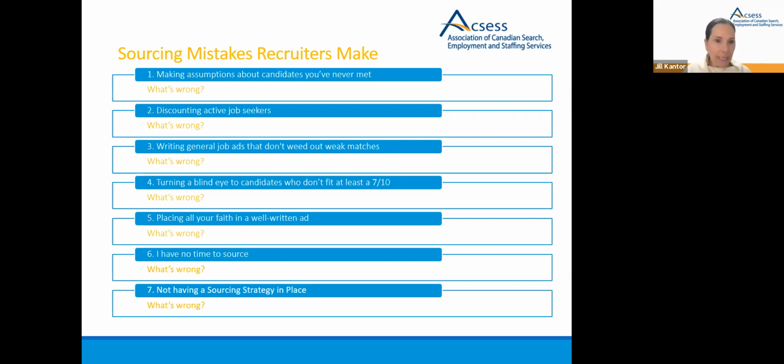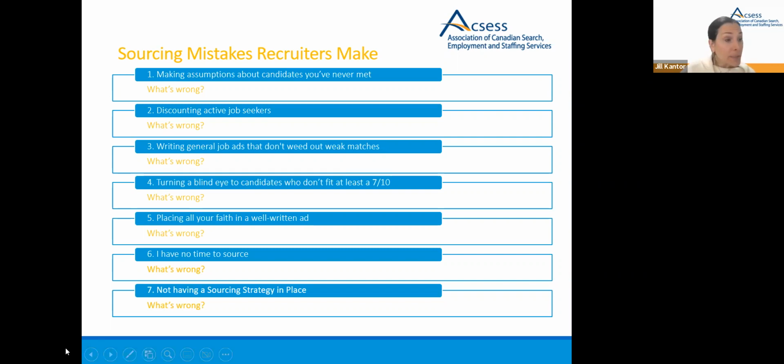I'm getting that job and I'm running with it, and I'm looking on LinkedIn, I'm doing some Boolean searches, I'm looking at our CRM system, I'm making some phone calls, but not really having a strategy in place, not really creating that rhyme or reason, and being systematic and methodical, doing the same thing and making it scalable and measurable and repeatable so that you're doing the same thing every time, so that you're not doing it in a rushed, chaotic manner.